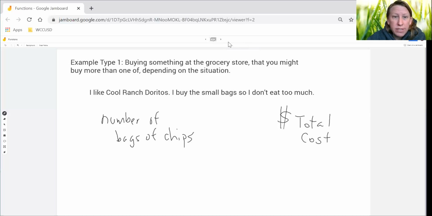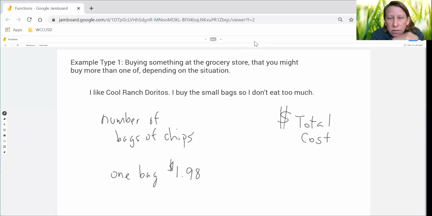Let's break this down. Does anyone know what other information do I need to start this problem? Good. I need to know the cost of a bag of chips. So I looked it up online and I found that one bag of chips, it's kind of like the ones you get at 7-Eleven, was $1.98.